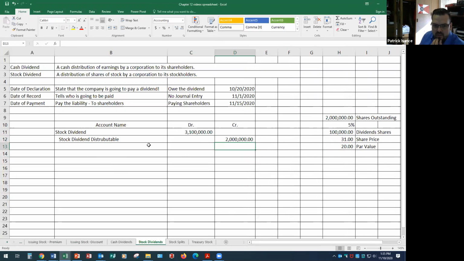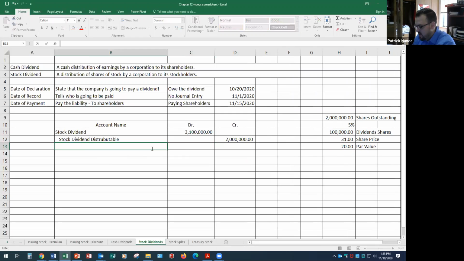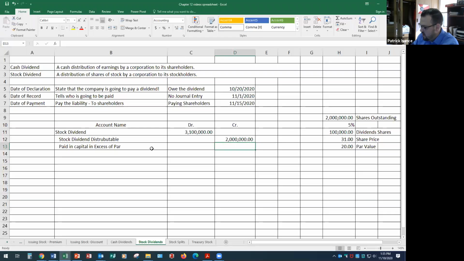The remaining amount, like I mentioned just a second ago, goes into paid in capital in excess of par for $11. So the difference between the 31 and the 20, that number times the number of shares, for $1.1 million. And this is at the date of declaration.